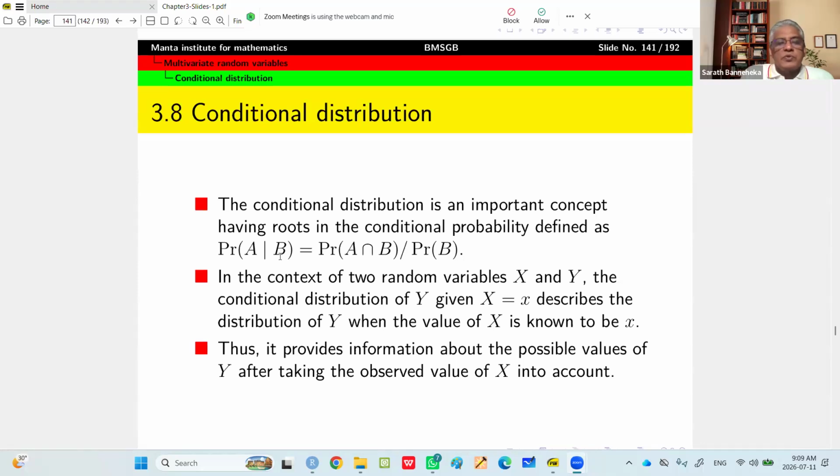So, for example, suppose you have two random variables denoted by capital X and capital Y. Then we define the conditional distribution of Y given capital X is equal to small x. That function will describe the distribution of Y when the value of X is known to be small x.